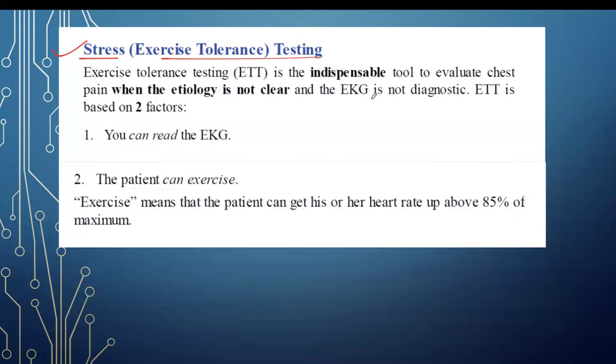So let's say you have got a stable angina patient and you have done a baseline ECG. In the baseline ECG, you didn't find anything really bad. For those patients, if you can read the ECG, and if your patient is able to exercise, like they haven't got a very bad knee because of severe osteoarthritis, so they can run on a treadmill, for that patient a stress test will be the next step of management.